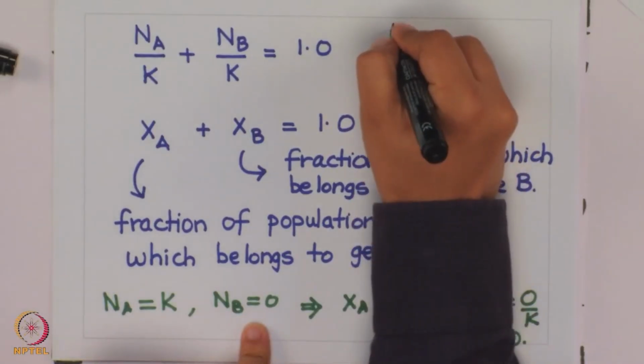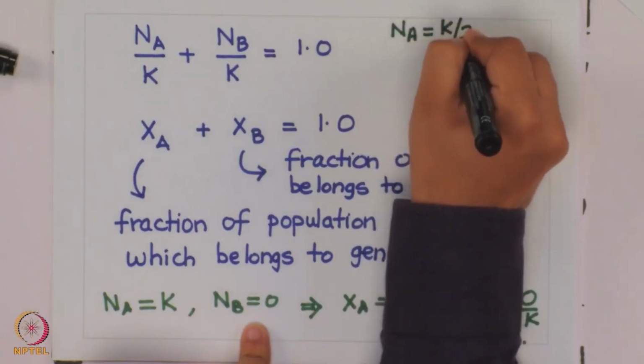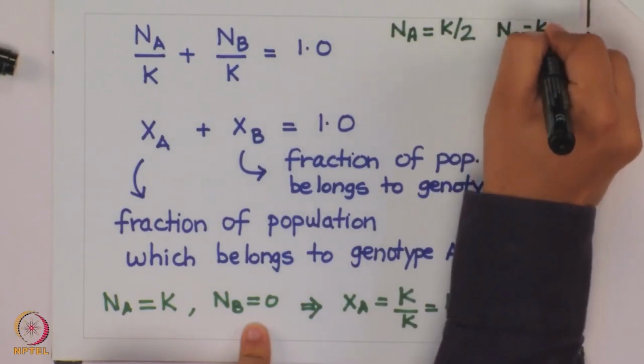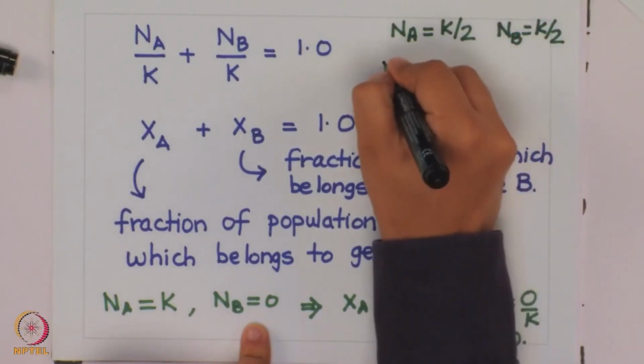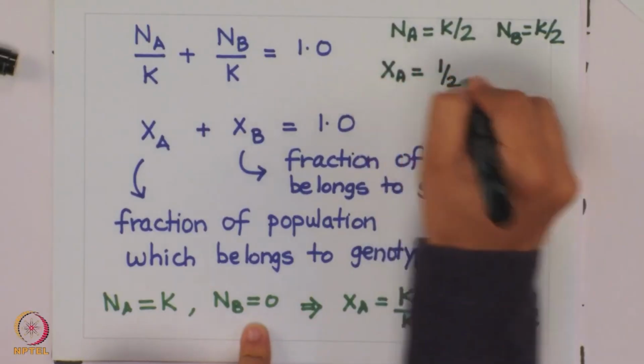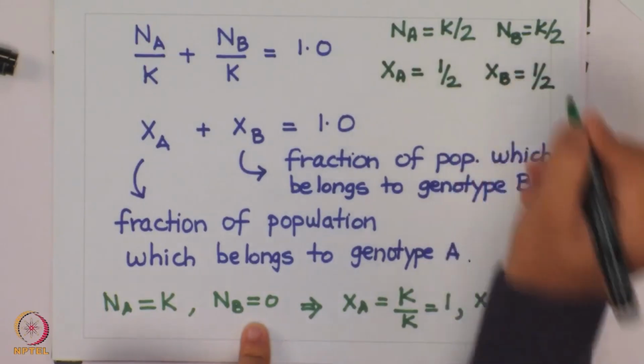Let us take one more simple example. If Na was K by 2 and Nb was K by 2, then you simply have Xa equals half and Xb equals half as well.